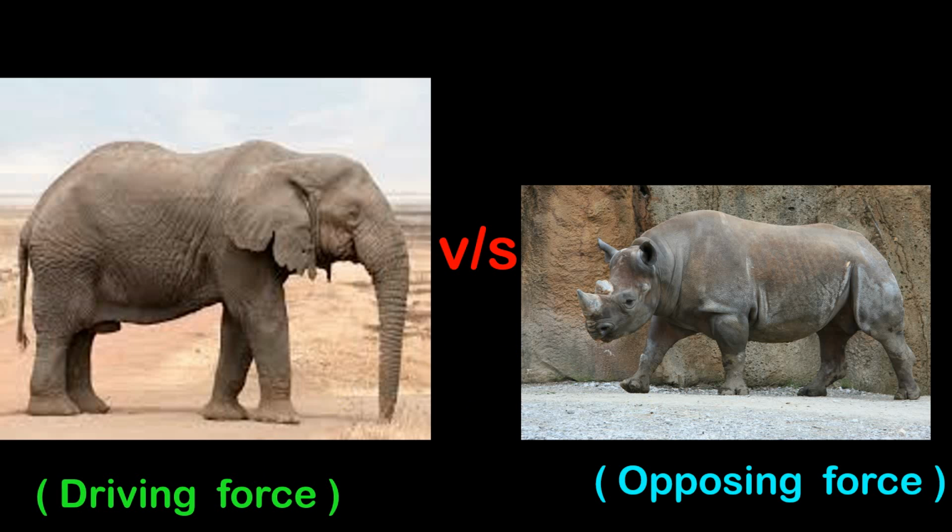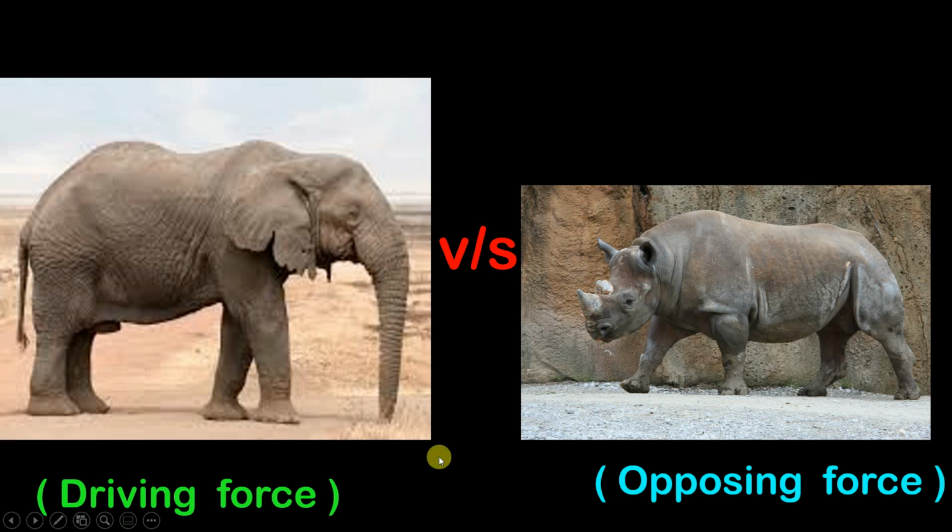See, since the opposing force is more, therefore the difference between the driving force and opposing force will be less, and at that time the work done will be more. I repeat myself again. This is a very important statement, guys. When the opposing force is more and the difference between the driving force and the opposing force is less, at that time the work done will be more.